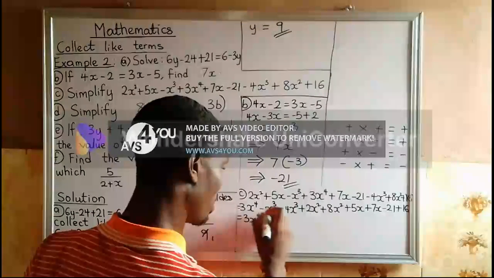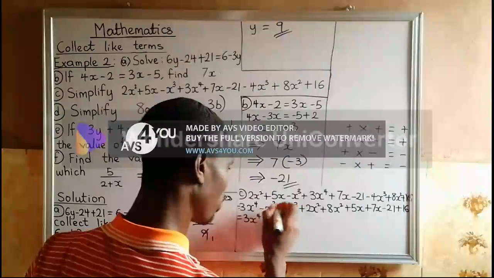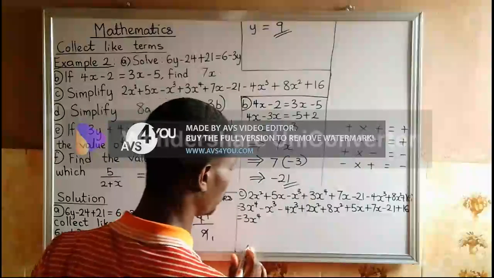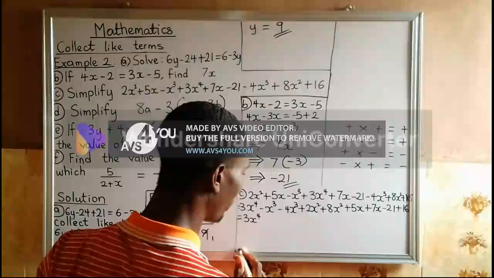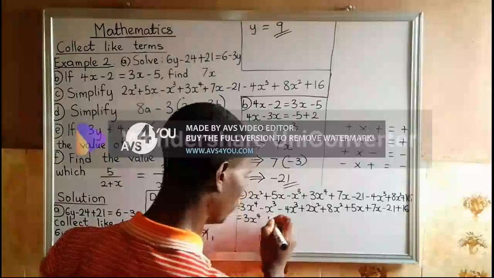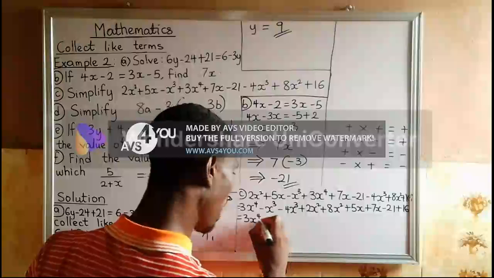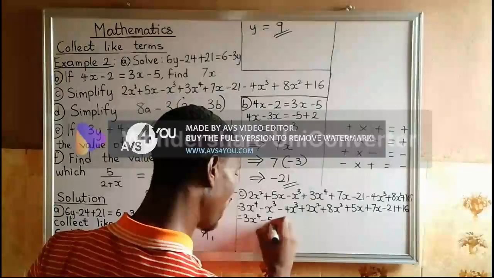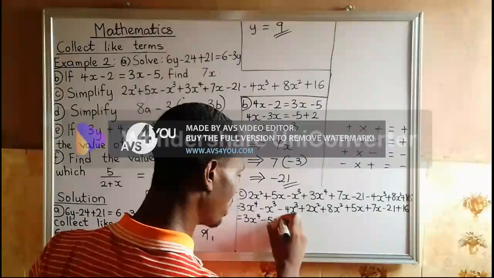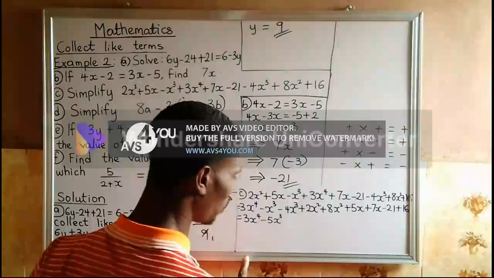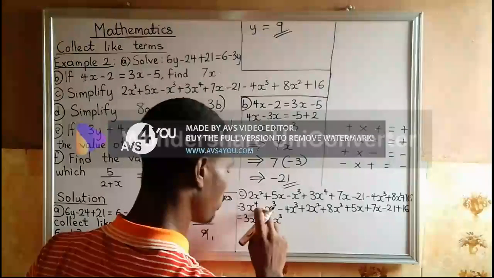So minus x cubed means minus 1x cubed. Just like minus 1 naira. So I owe 1 naira and I owe another 4 naira. So that means I now owe 5 naira. And in this case, our naira is actually x raised to power 3. Do you understand that? I'm sure you do. Okay, let me just repeat. Minus means debt.